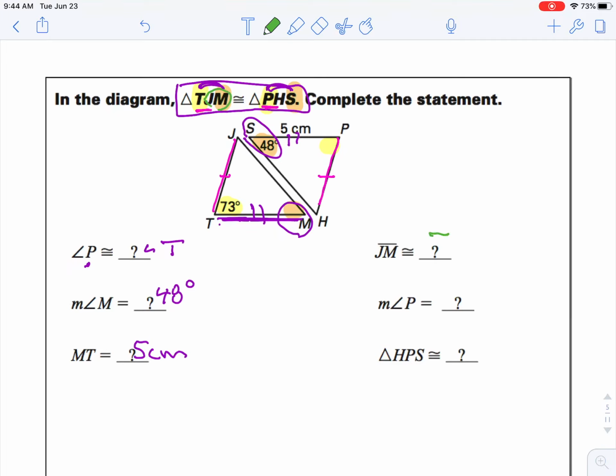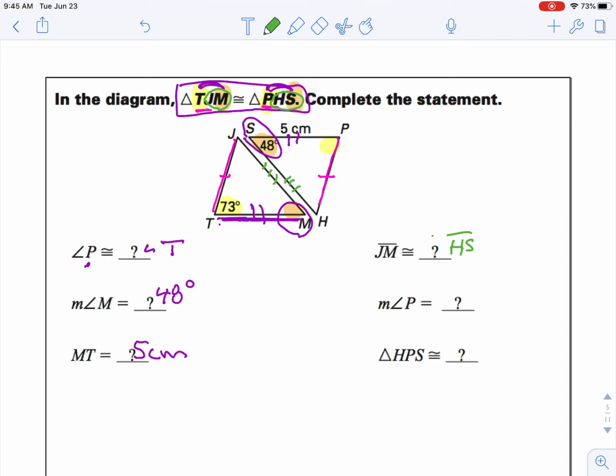So JM right here is congruent to HS over here. And so that's the segment that I will write down. And I try to write it in the same order, JM as the congruent statement, HS. So it's congruent to that segment.